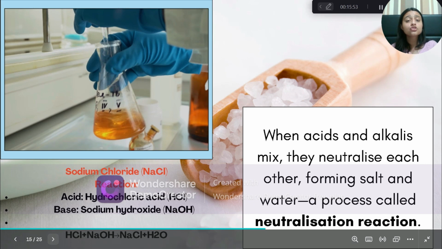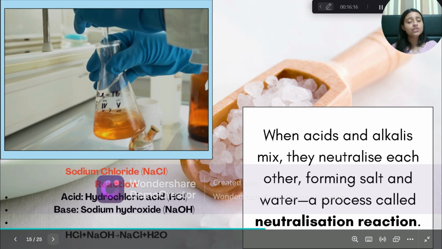Always remember, salt always comes with water, that is H2O, and always forms as a result of a neutralization reaction in which one acid, that is HCl, and one base, that is NaOH, are mixed together to form NaCl, that is your salt.